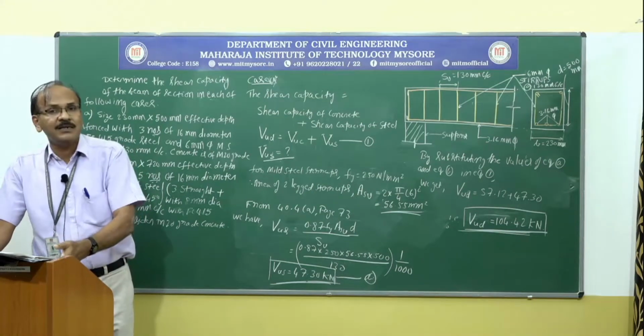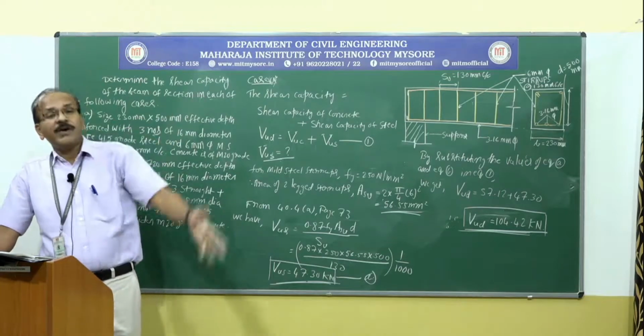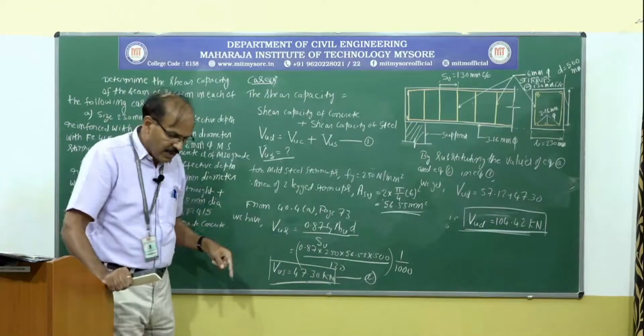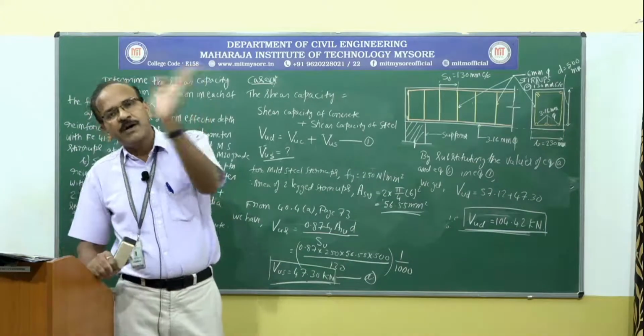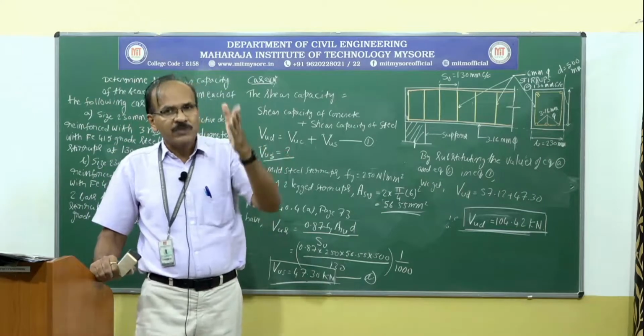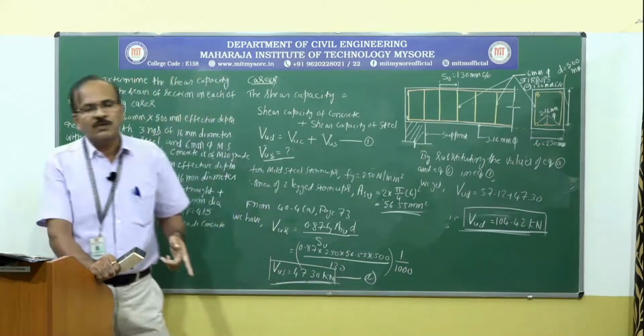Tau v is nothing but find out what is the maximum shear developed due to the external load. Say for example, if I take a simply supported beam under UDL, the support reaction is going to be WL by 2, that is going to be the maximum shear force.